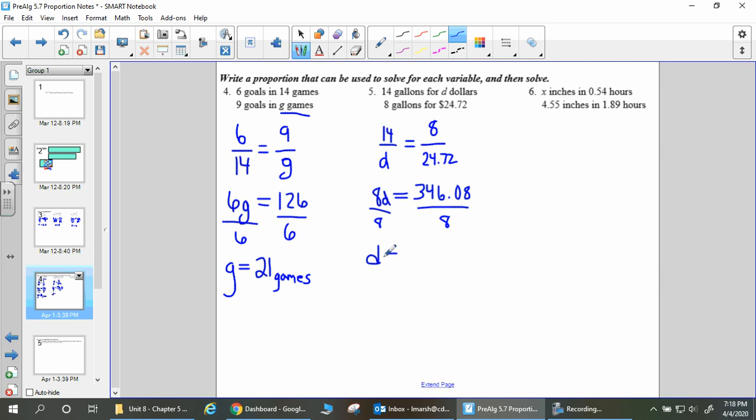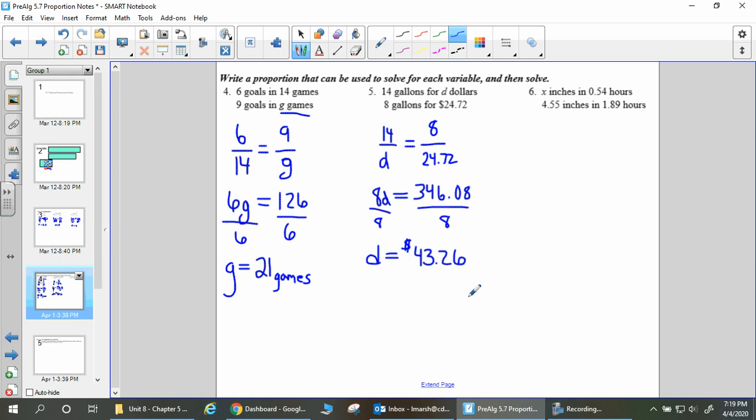D equals, I know I'm working with money here, so I'm going to go ahead and put my dollar sign. That's going to be my label. And when I divide this by 8, I get $43.26. And so once again, if you want to try this on your own, go ahead and hit pause and do number 6.